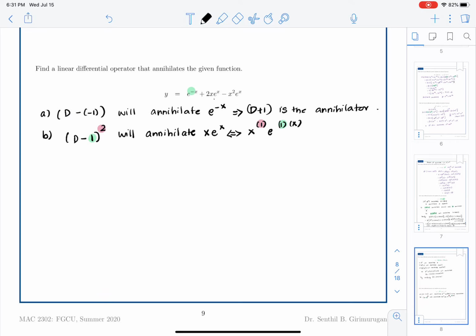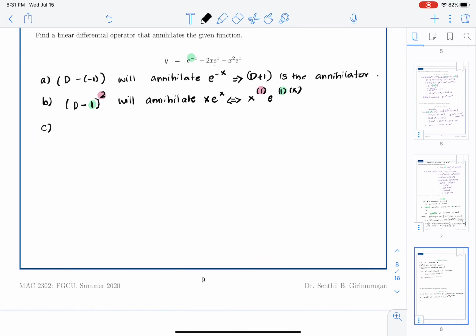And lastly, I have x squared e raised to x. So D minus 1 raised to 3 will annihilate x squared e raised to x. I see 1 there, that is alpha.